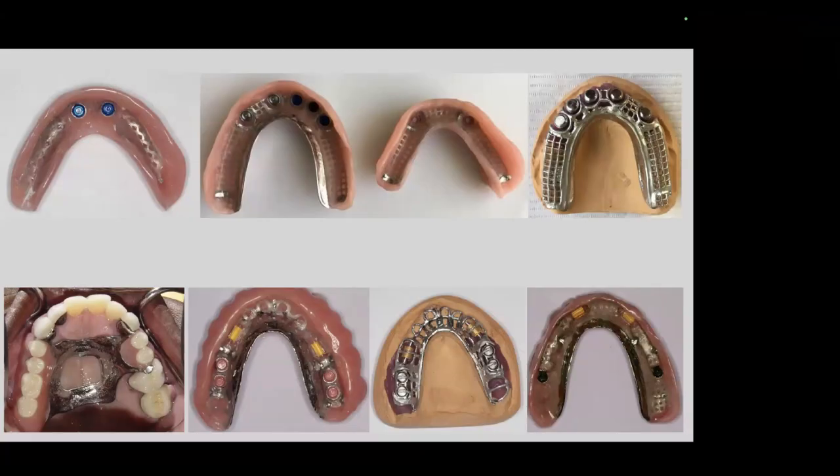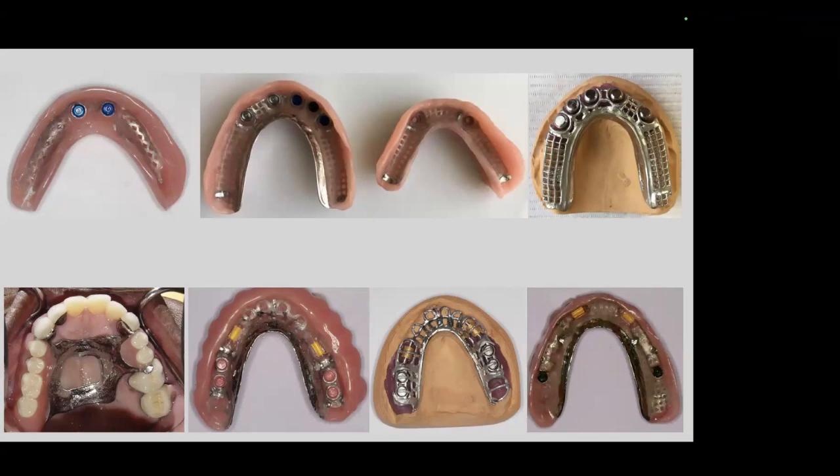So if you look at the bottom second photo, I don't have a pointer on here, I'm sorry. But that's an example of a bar overdenture with attachments on top of it. So that's also another way of doing this, a combination of locators, Hader bar, and an implant bar.